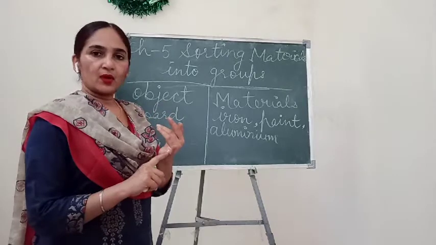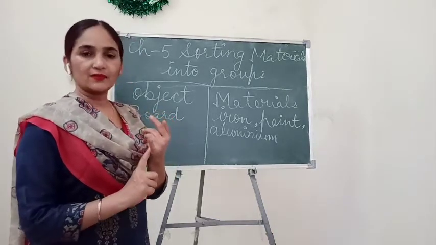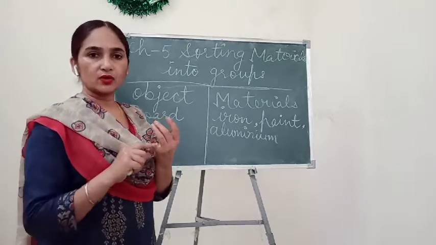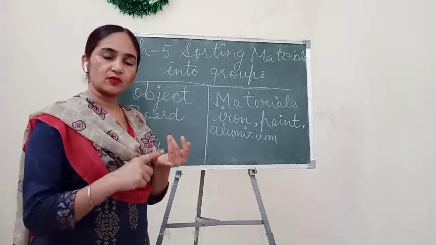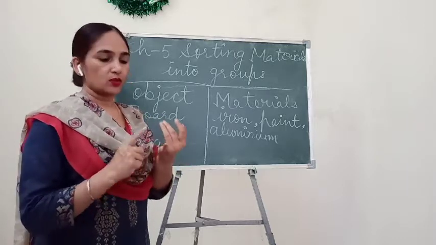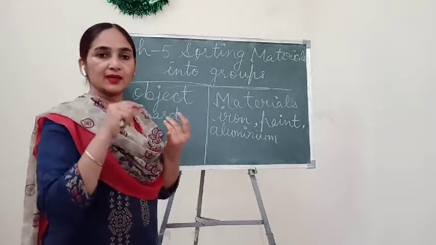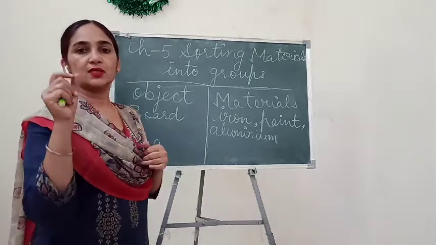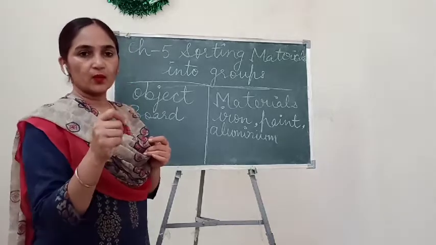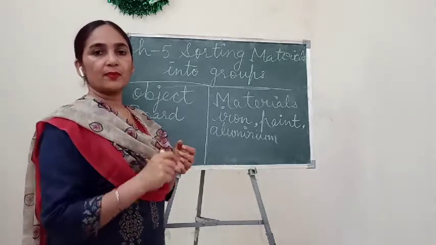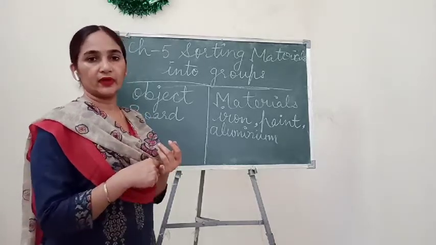Some bags are made up of cloth. So cloth is one material, and a chain is also used. Maybe the chain is made up of plastic or metal. If it is plastic, you can write plastic. So cloth, plastic is there, and in the chain they have used somewhere a metallic holder also. When we hold the chain and pull, that holder is made up of some metal or iron, we can say.